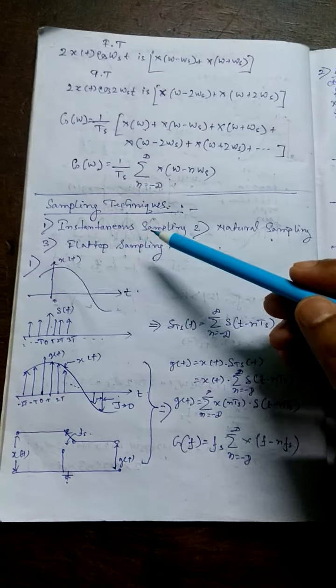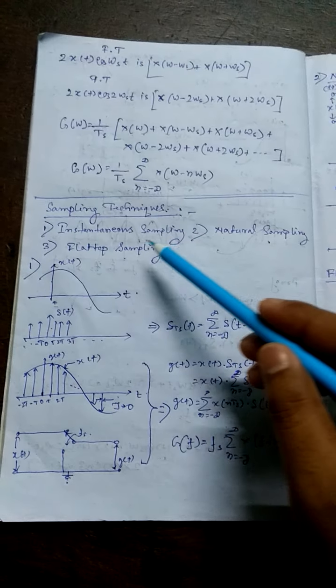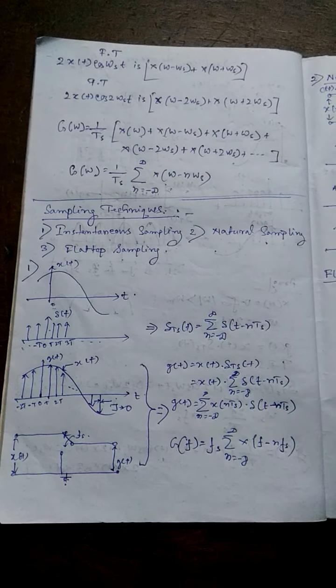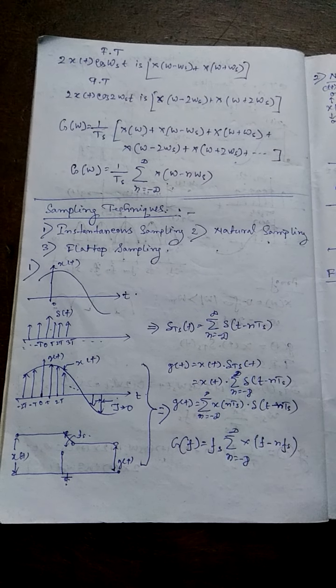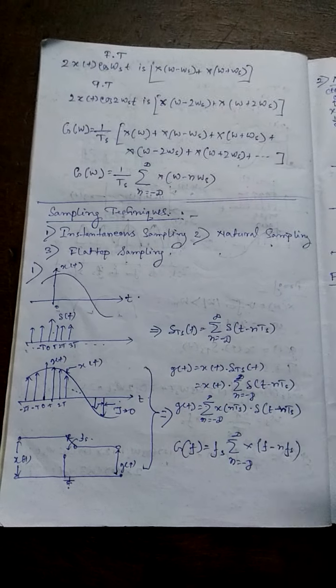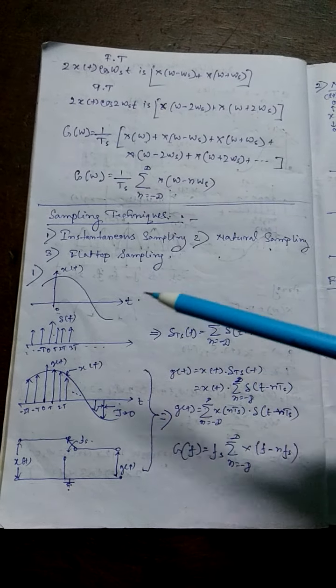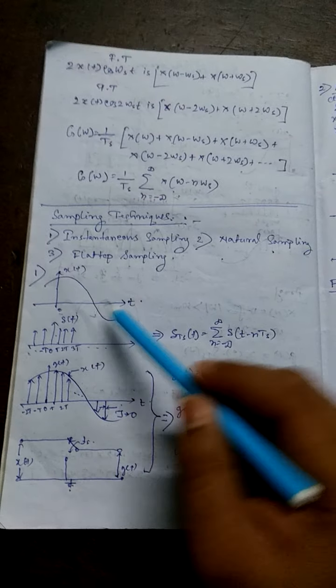So first we will discuss the instantaneous sampling. Okay, so here the name is instantaneous. First of all, why is it called instantaneous? For that we have to clarify with the diagram.